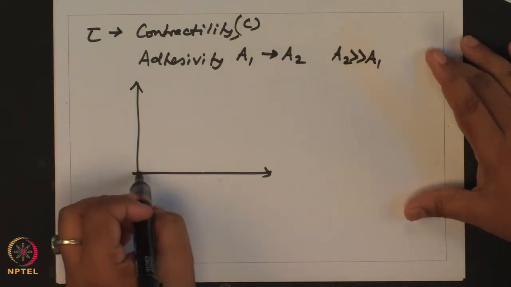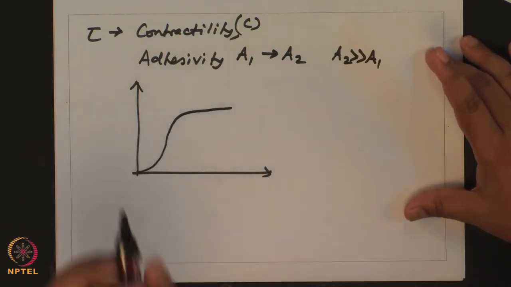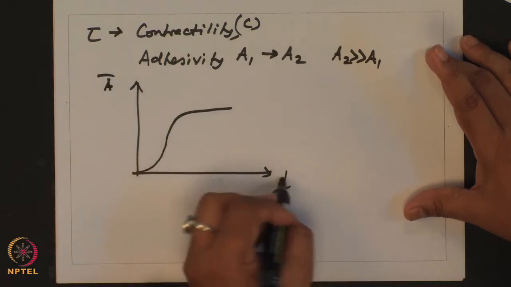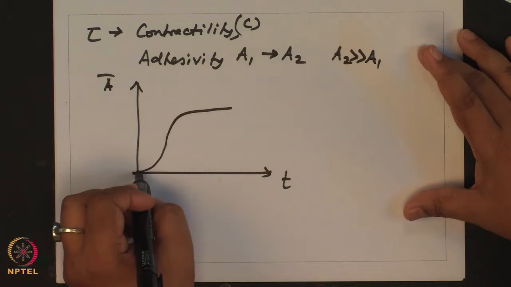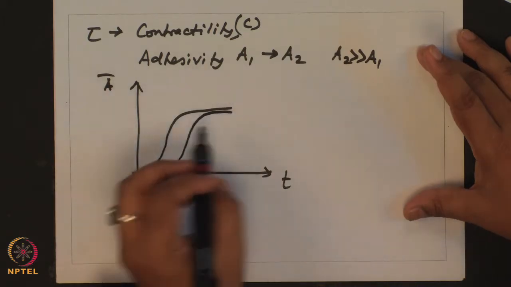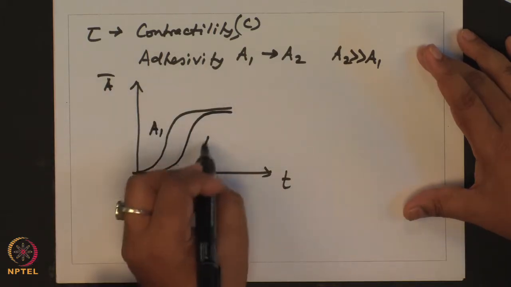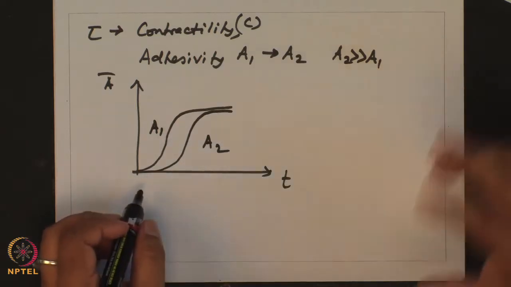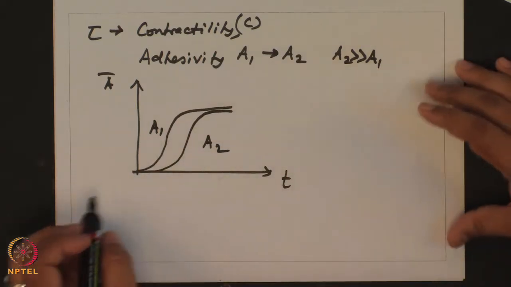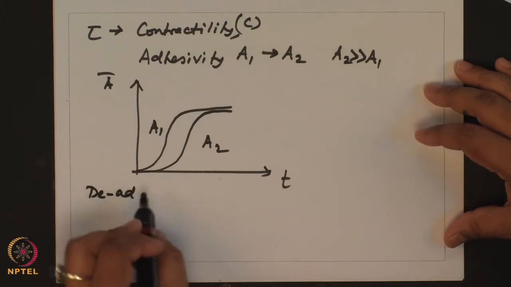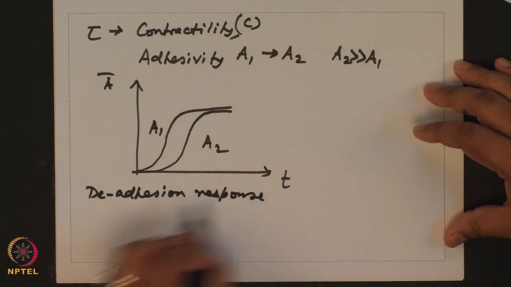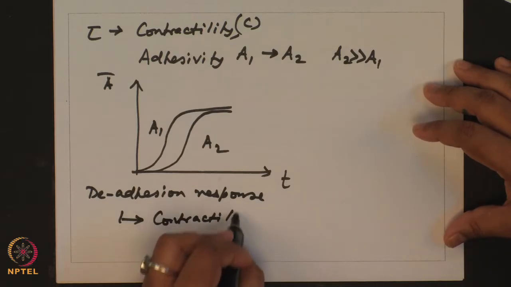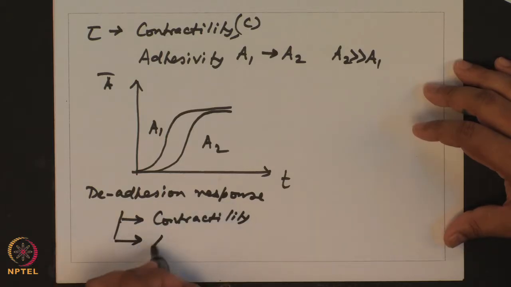So, if this is the de-adhesion profile for a given cell with A1, as you make it A2, this de-adhesion will be delayed. This is for value of A1, this is for value of A2. So, in other words, the de-adhesion response is not only dictated by contractility, but also dictated by adhesivity.